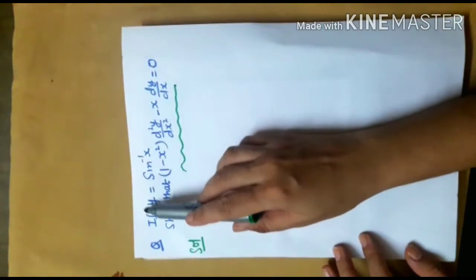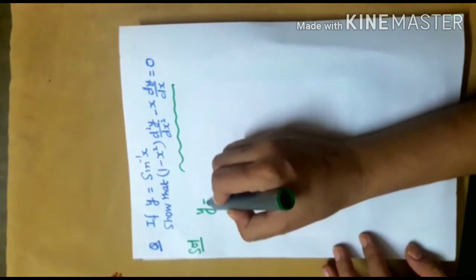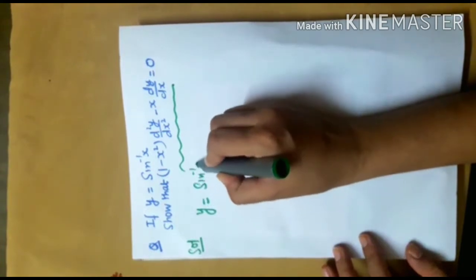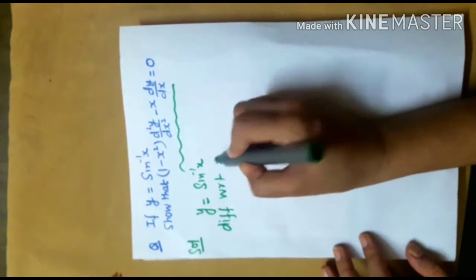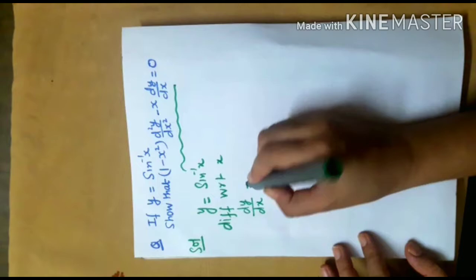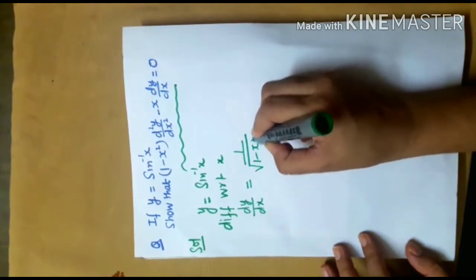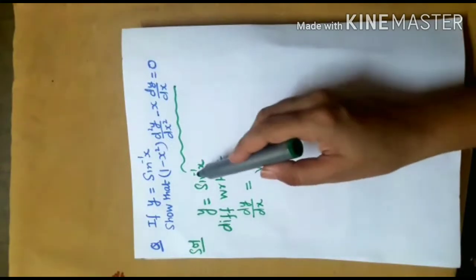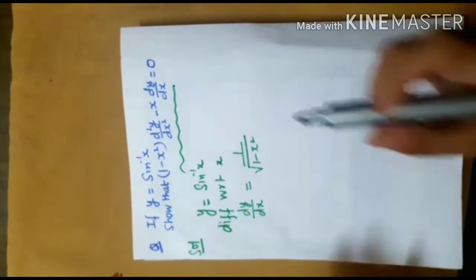So first I'll differentiate this function to get dy by dx. So y is equal to sine inverse x. So differentiating with respect to x, I'll get dy by dx equals 1 over square root of 1 minus x square, derivative of sine inverse x, right?